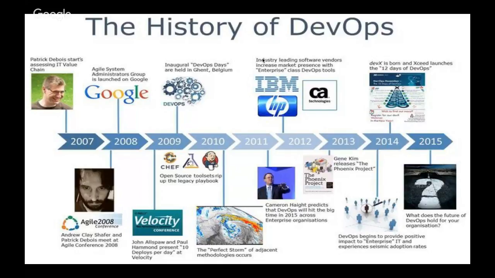In 2013, Gene Kim released his book, The Phoenix Project. This is a very important thing to mention here. This book was a fictional story wherein a project manager was badly stuck in a project where timelines were not met, deliverables were not working fine, and he was missing every deadline.